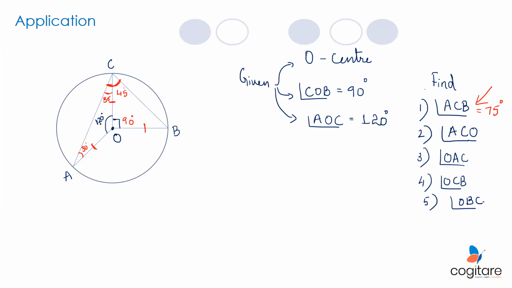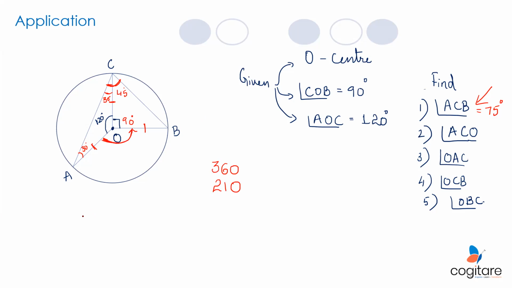this is 120 plus 90 is 210, correct? So this reflex angle, sorry, not the reflex angle, this obtuse angle is going to be 360 minus 210. Okay, I'm going a little faster here because this is basic geometry.